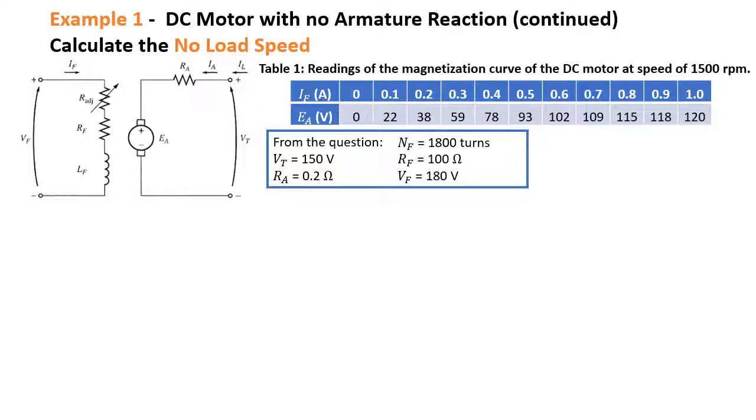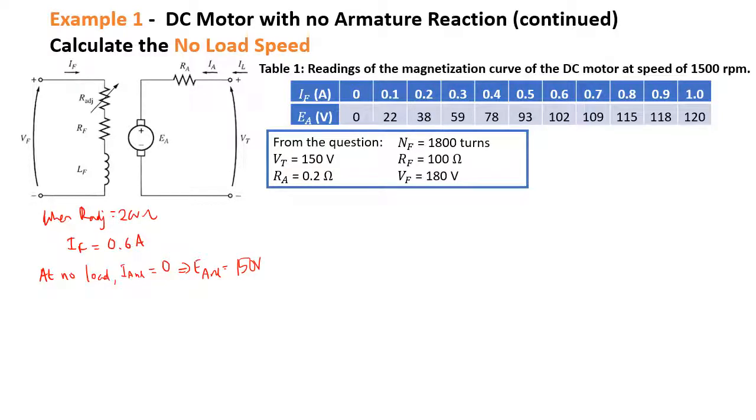To recap, when R adjustable is equal to 200 ohms, we found that IF is 0.6 amperes, and at no load, IA no load equal to 0, giving EA no load equal to 150 volts.